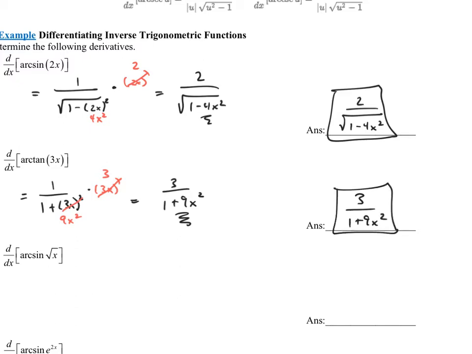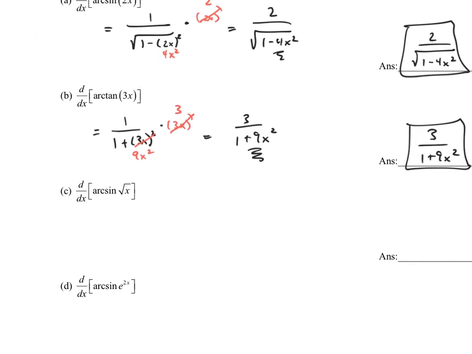Okay, let's move on. How about arc sine of the square root of x? Anytime it's arc sine of anything, the derivative is going to be 1 over the square root of 1 minus whatever's on the inside, which is the square root of x squared. But then always remember, you have to multiply times the derivative of the inside.